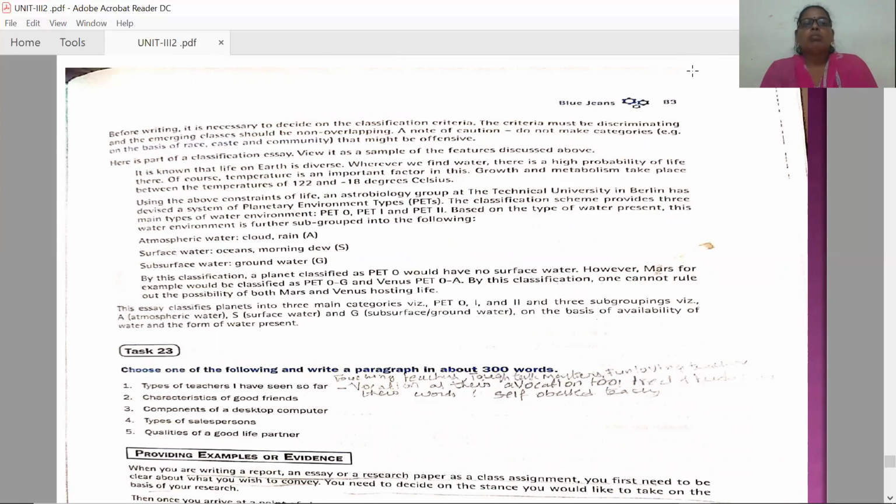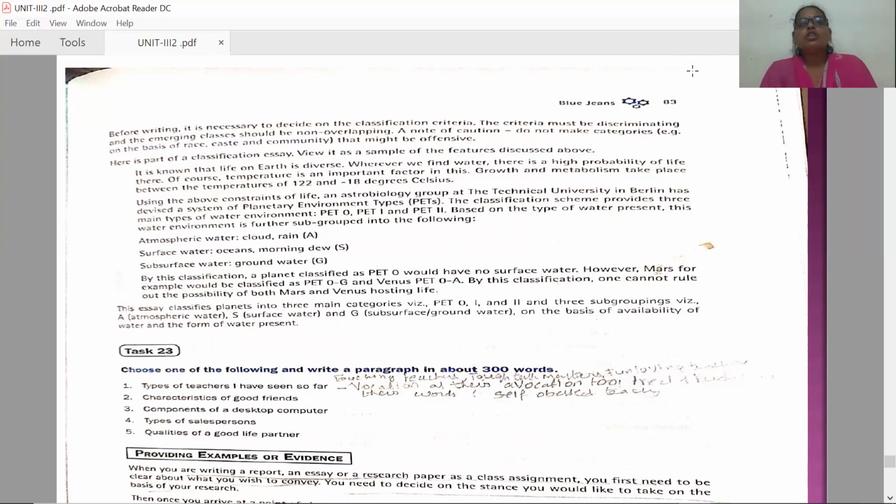Before writing, it is necessary to decide on the classification criteria. The criteria must be discriminating and the emerging classes should be non-overlapping. A note of caution: do not make categories on the basis of race, caste, and community. That might be offensive.